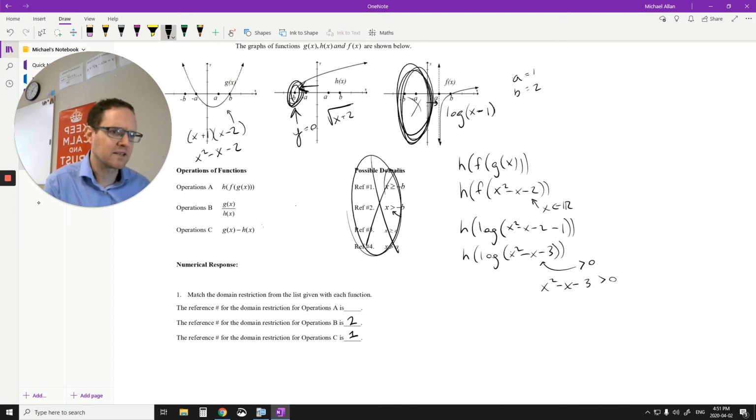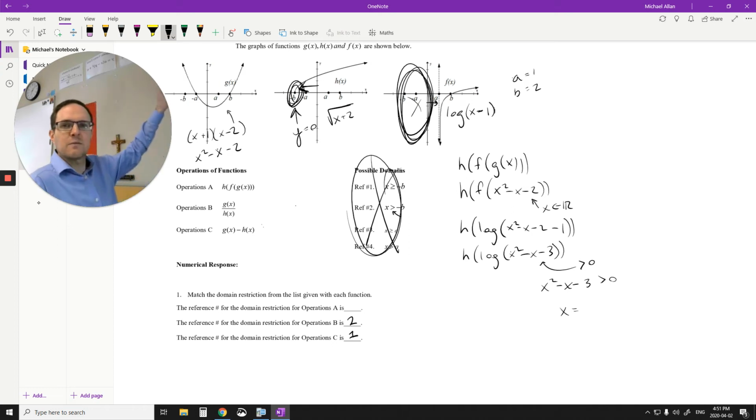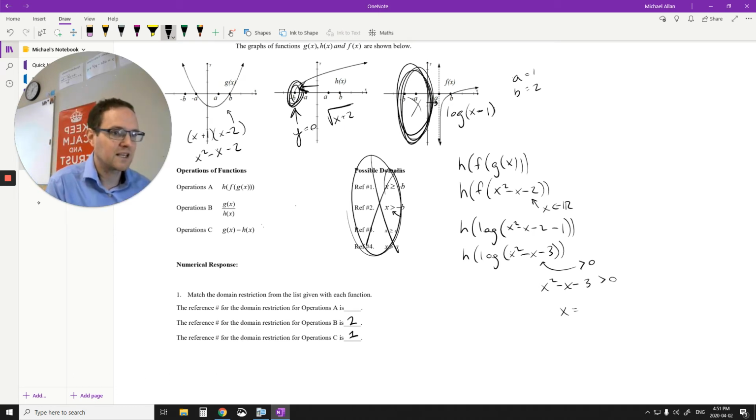I'm not allowed to factor this. Nothing multiplies up to 3, and that's a negative 1. So that's not going to work. So I'm going to use the quadratic formula to solve this. I have the quadratic formula right there. I don't know if you can see it. It's pictured as minus b, so negative b. So that's negative negative 1, so that's positive 1, plus or minus the square root of b squared, which is 1 squared, so that's 1, minus 4 times a times c, all over 2a.